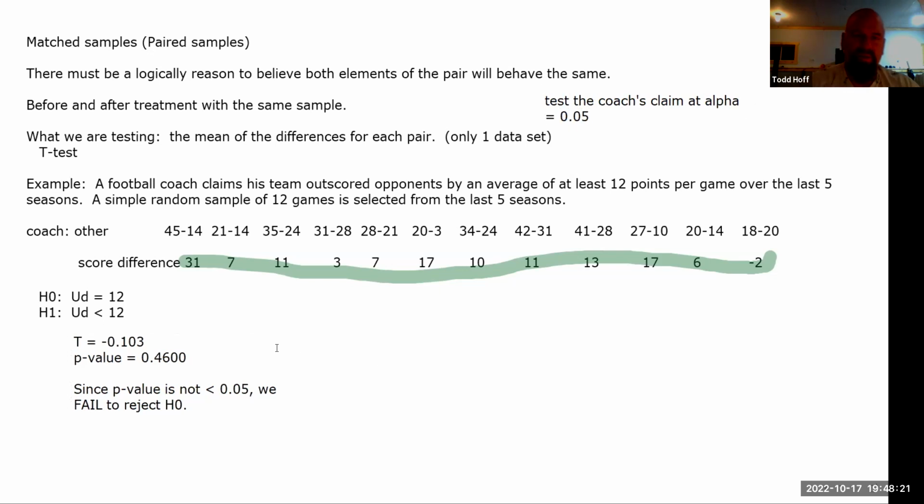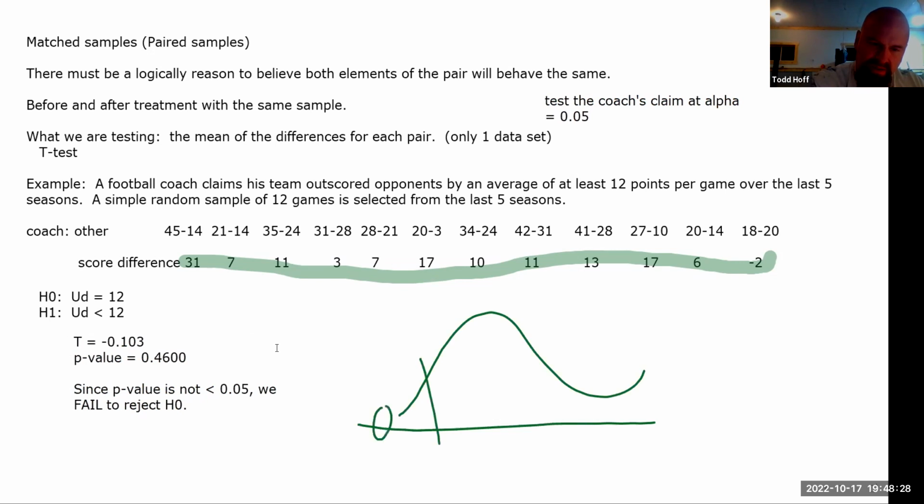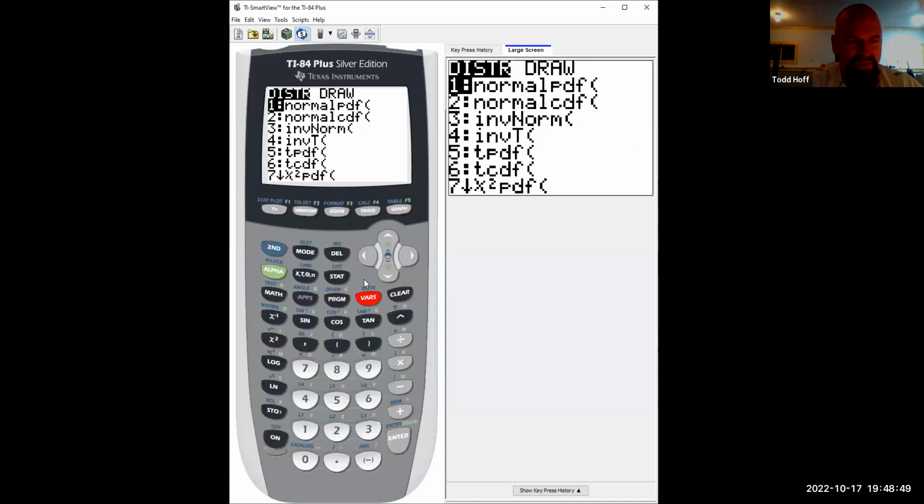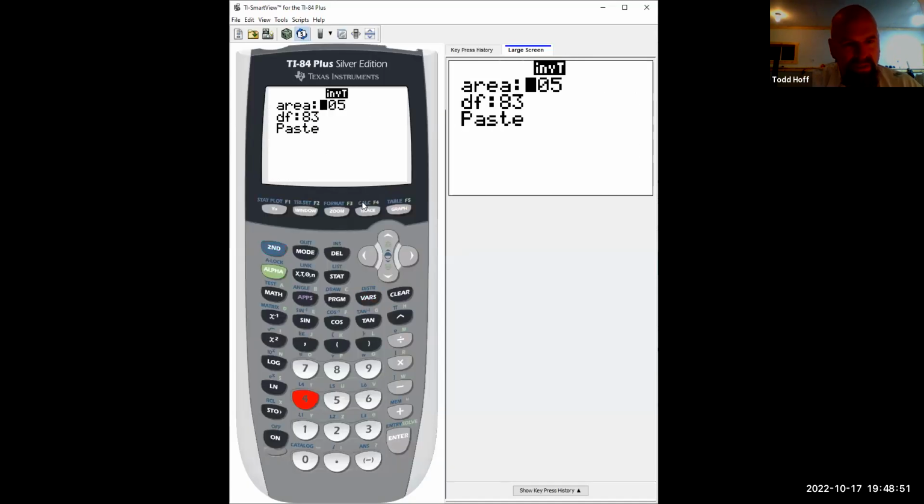If we wanted that critical value, well, it's just going to be a bell curve, 0.05 on the lower end again, because this is less than again. But this is a t distribution, so it's 0.05. There are 12 scores, so it is 11 degrees of freedom. And you do that inverse t calculation. So second, distributions. Inverse t, 0.05, only 11 degrees of freedom this time.